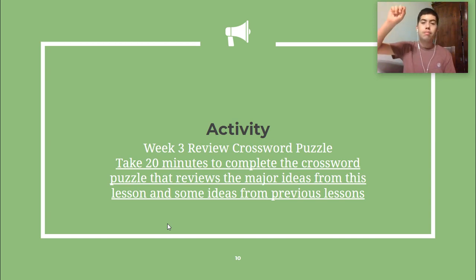And if it says down, the number will correspond to the number and you write it downwards. So if it's like cells, you start C-E-L-L-S. So you should be able to understand how the crossword puzzle works, but if you need a little help, try asking your classmates or have the teacher help you out to get started.